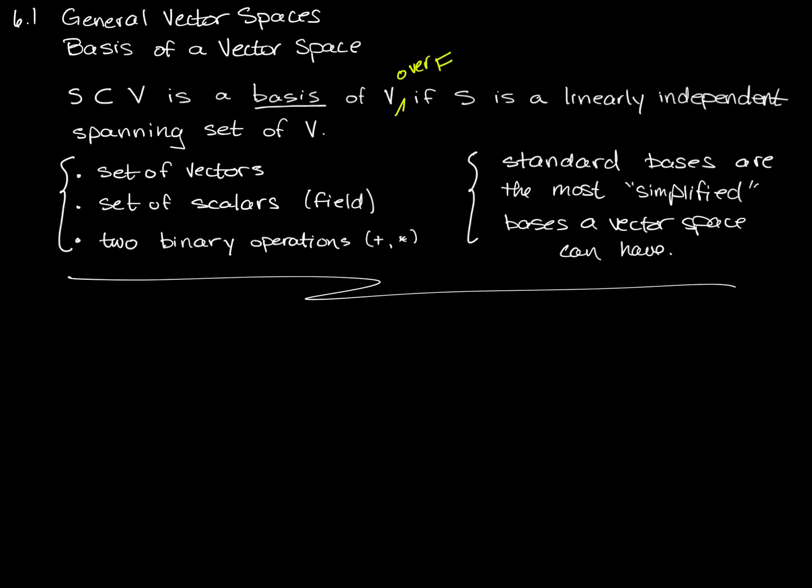I'm going to take C2, and that's my vector space. Let me write V equals C2, so that you know that's my vector space.